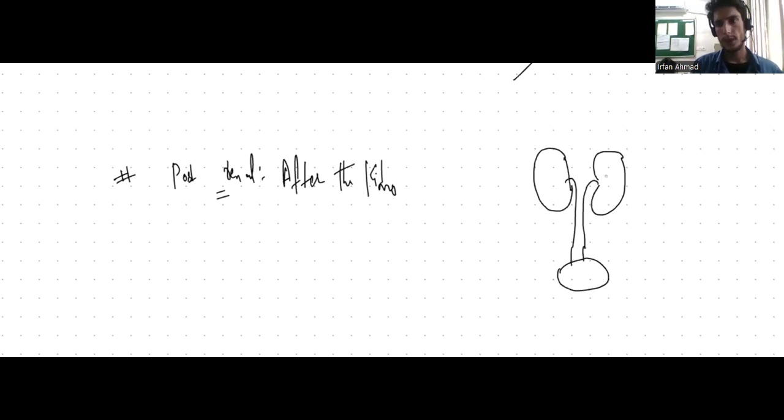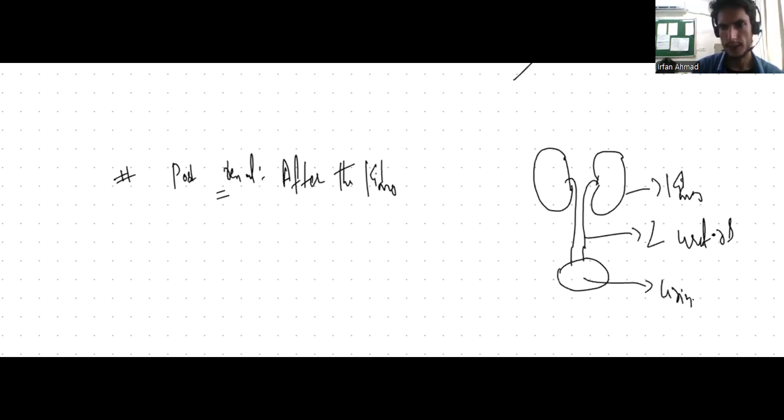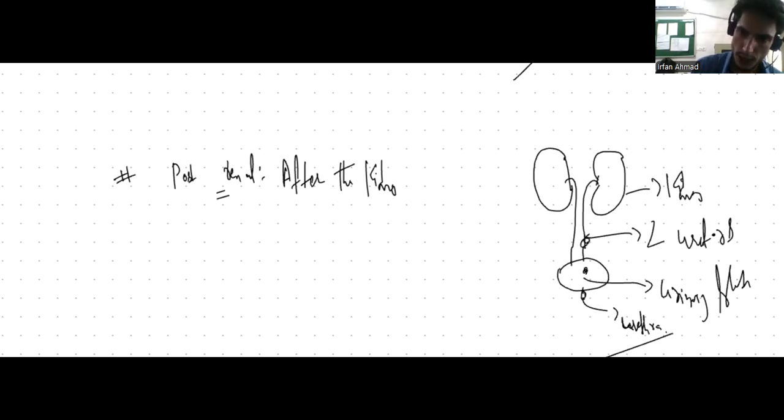There are two kidneys and then two ureters which carry urine from the kidneys to the urinary bladder. Then there is a small part which excretes urine, which we call the urethra. If there is a problem in the urinary bladder or ureters, after the kidneys, in the ureters, urethra, or urinary bladder, we call them postrenal causes.